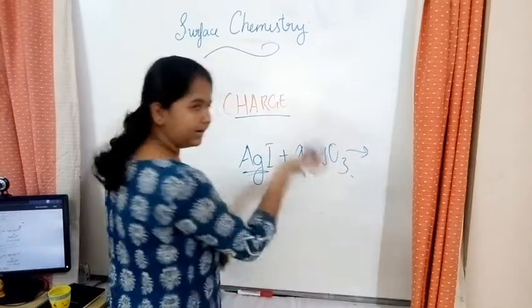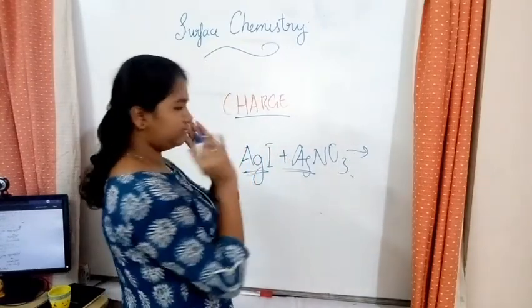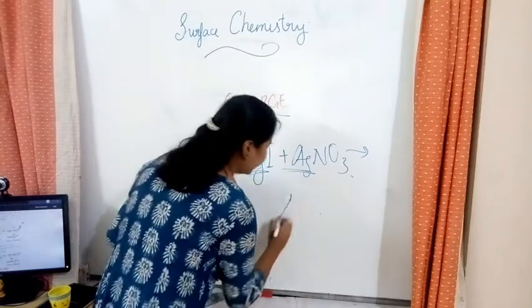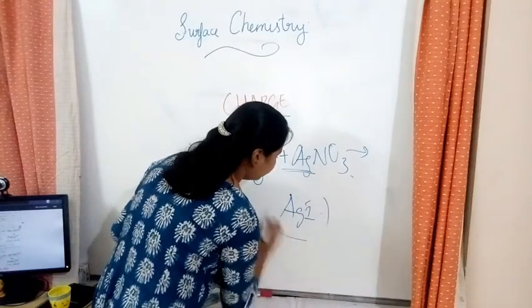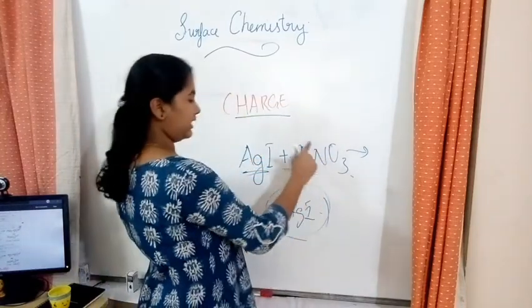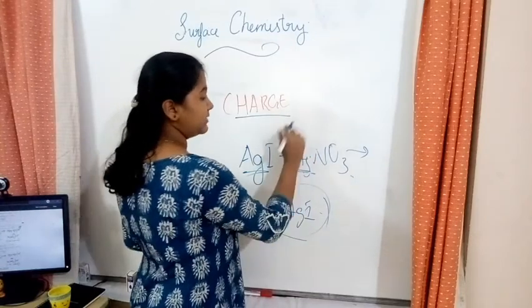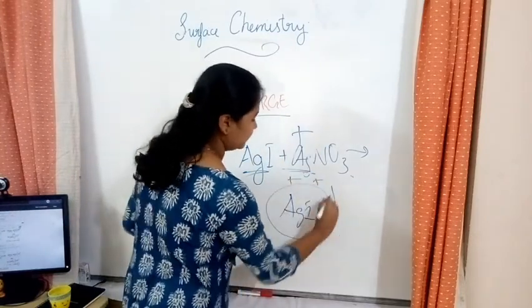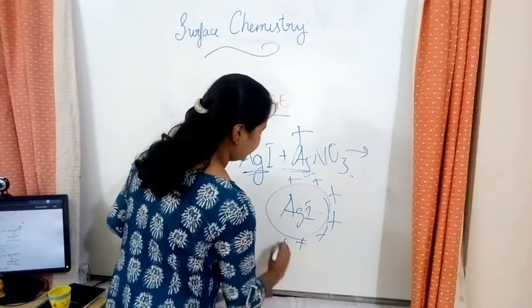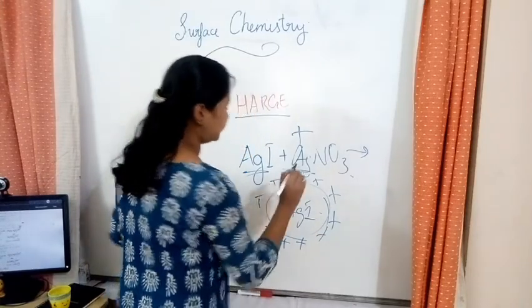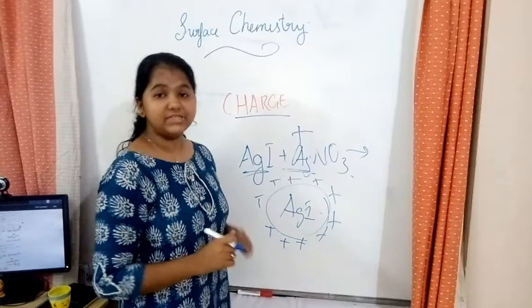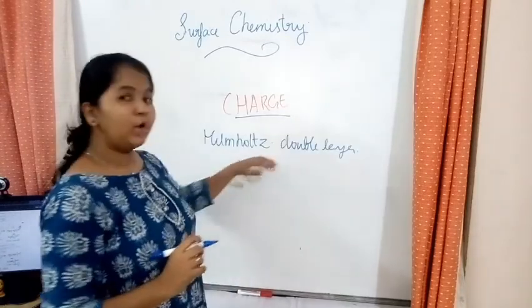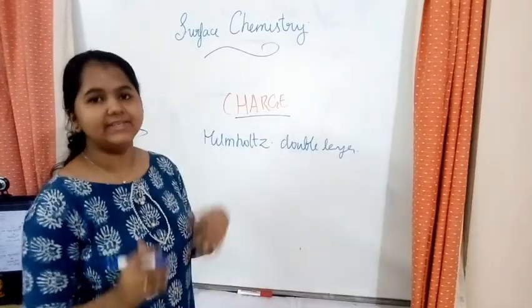So the colloidal particle is AgI, and Ag is plus, sorry, not NO3. So this is plus, and this is a positive colloid. So we learned there are 2 types of colloids. Now we have to learn about the Helmholtz double layer, or electrical double layer formation.